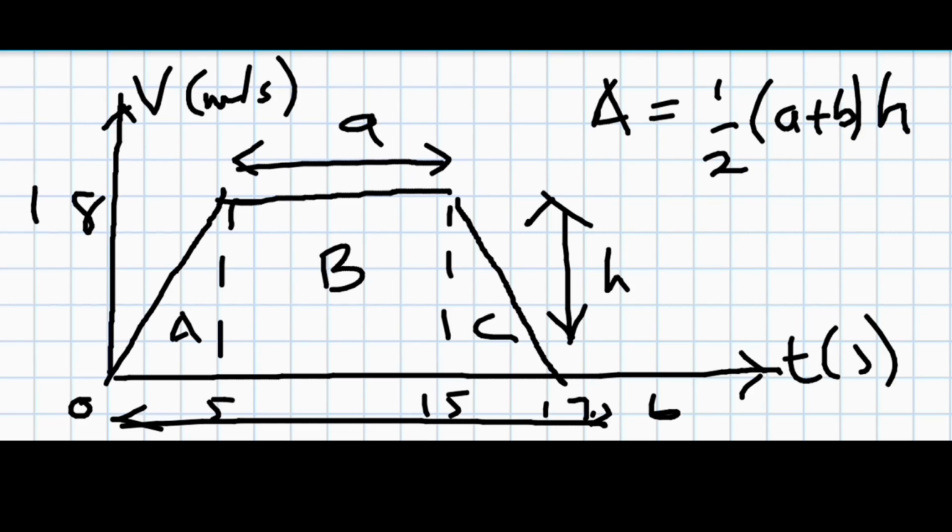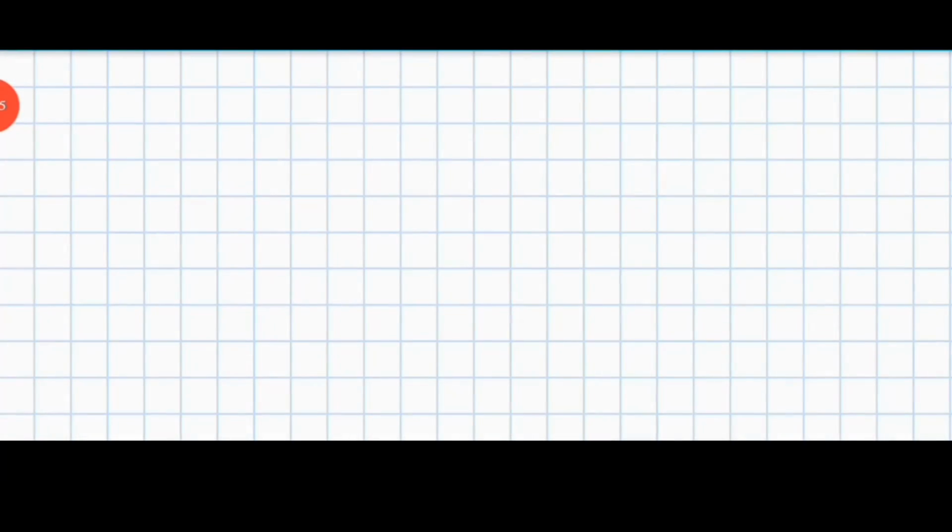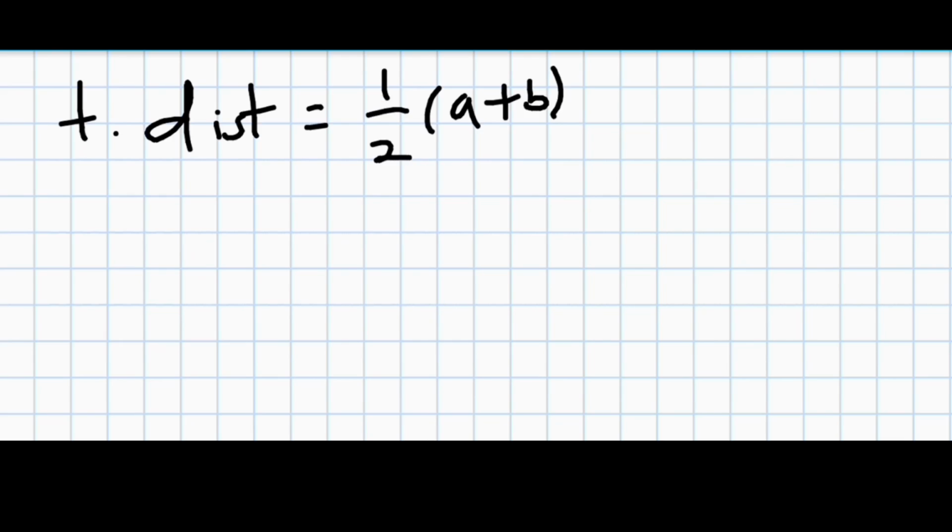And as such, we shall have for A 15 minus 5, which will give 10. For B 17 minus 0, which is of course 17. And for H 18. So we substitute, and let's use a clean board, so that total distance will be equal to half into A plus B multiplied by H, which will be half.